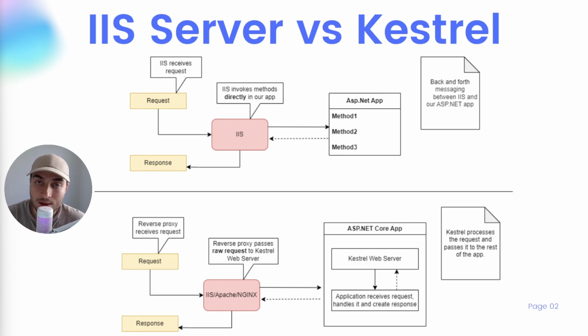So basically in the previous ASP.NET framework, the hosting model relied completely on Windows IIS to provide the web server hosting, all right? So there was basically a tight coupling between the web application and the underlying host.